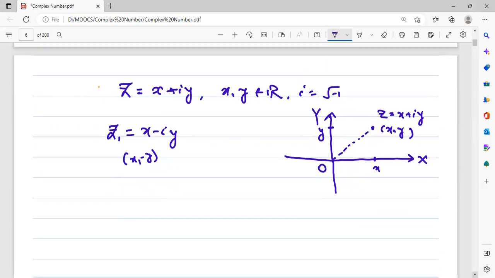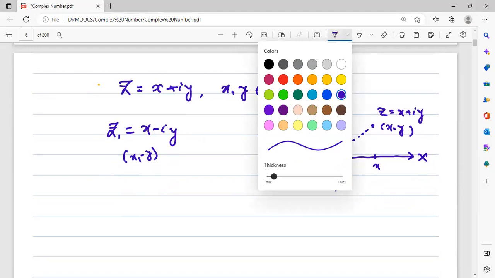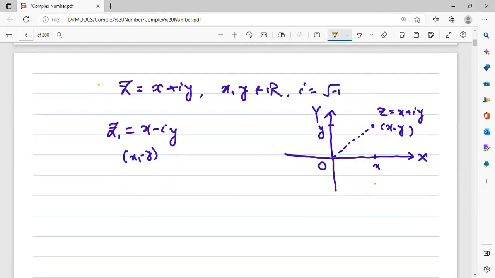Therefore, how will we denote this complex number? x is the same, but instead of y we write minus y. Let this coordinate be here.